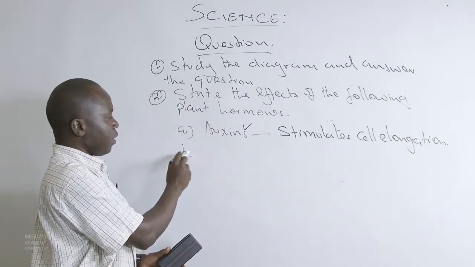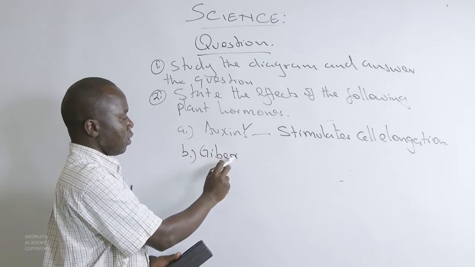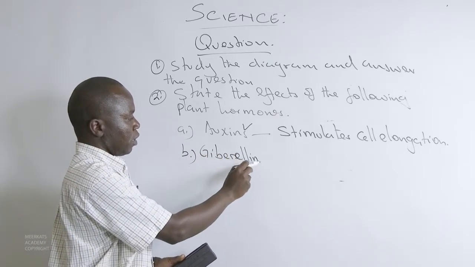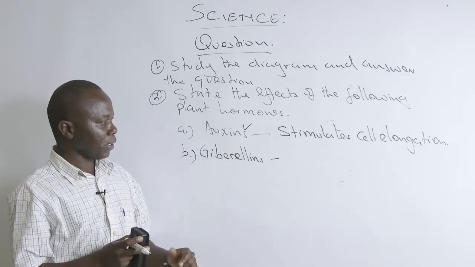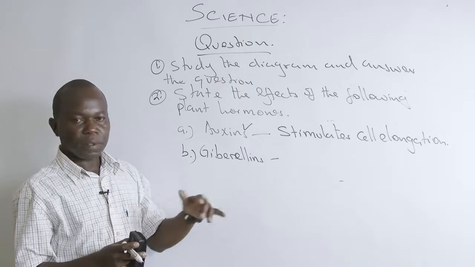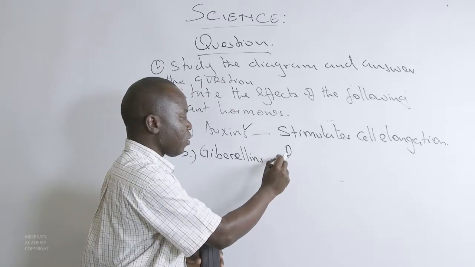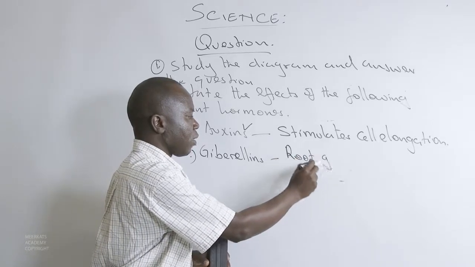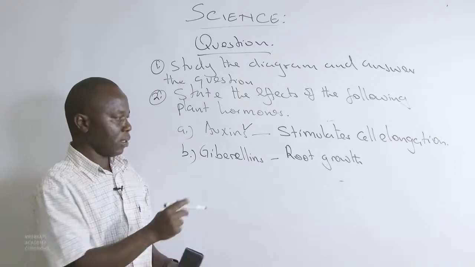And then B, gibberellins. Gibberellins also work together with auxins, but have several other functions. One of them is causing root growth. It causes growth of the roots.